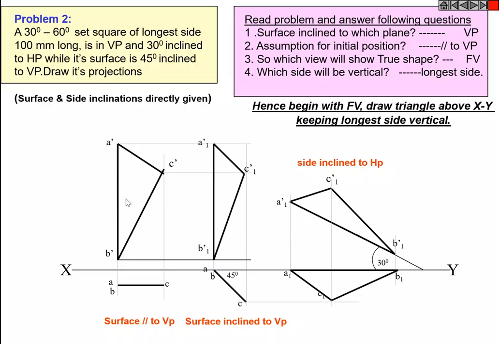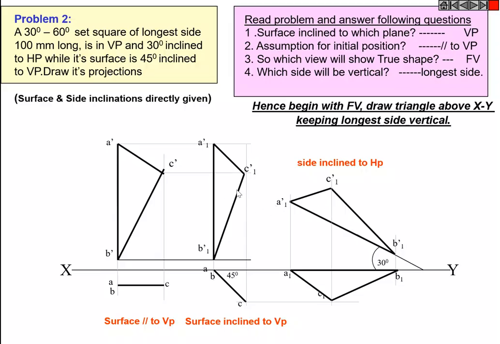In the second position, the 30 degree set square gets distorted. Afterwards, the longest side, 100 mm long, is in VP and 30 degree inclined to HP, so A1 dash B1 dash has to be placed at a 30 degree inclination.